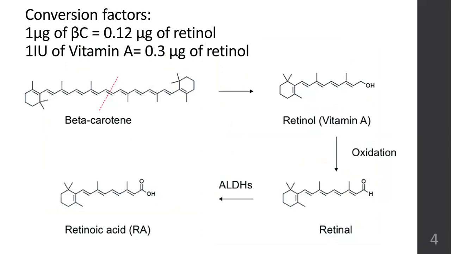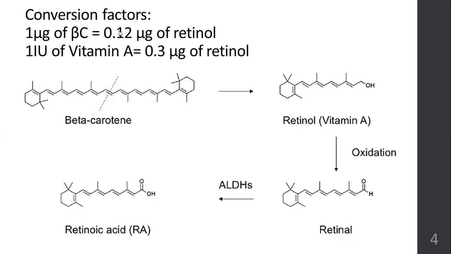So here you can see the conversion, the different stages of vitamin A. For 1 international unit of vitamin A, you need 0.3 microgram of retinol.